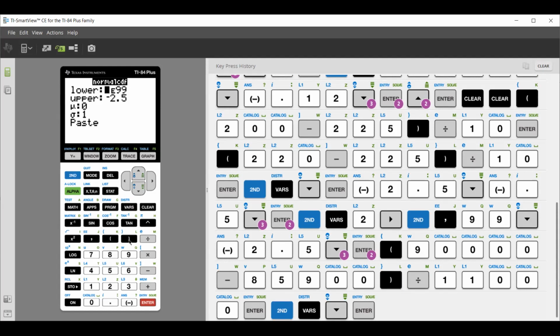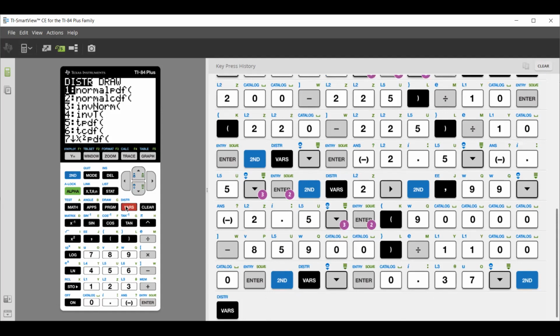We're not going lower than that. We're going higher than this number. So in this case, it's 0.37, and this time we're going to infinity. So that's E99.